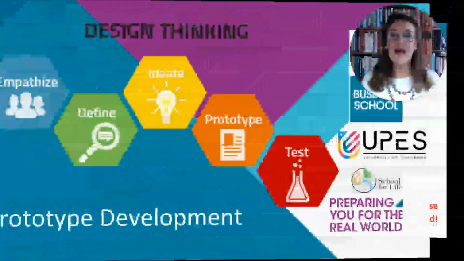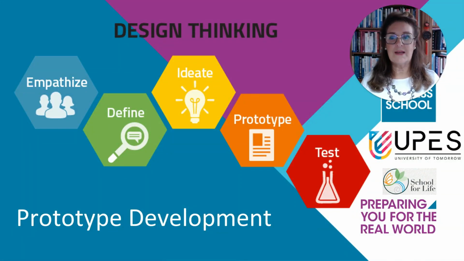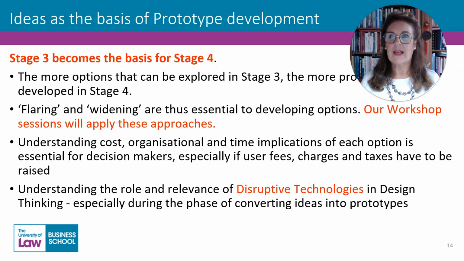So let's have a look now at prototype development. What does this mean? All we're saying is that from stage 3, which we're in now, which is IDEATE, coming up with multiple ideas for solutions, the next stage is developing a prototype, which we then would need to test.